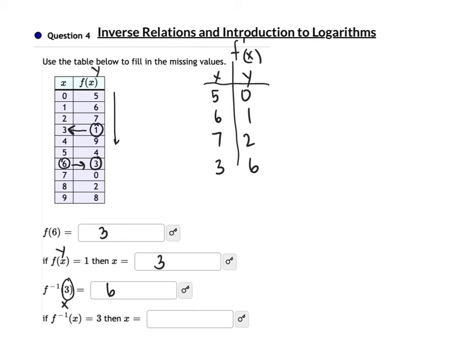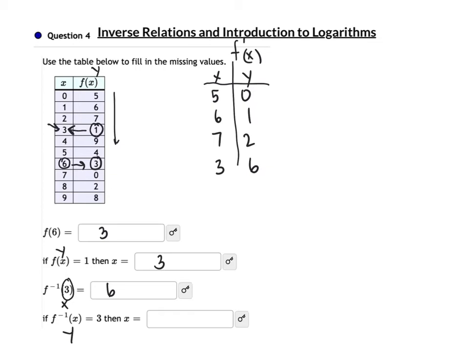If f inverse of x equals 3, we're saying if y in the inverse function equals 3, now, y in the inverse function will be x in the original function. So if the y value is 3, there we go.